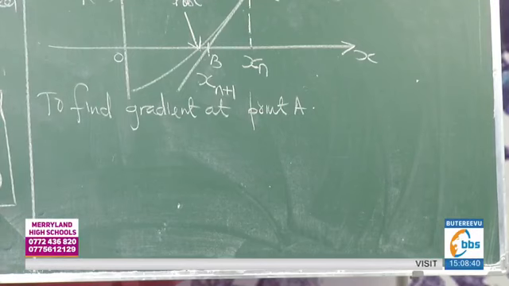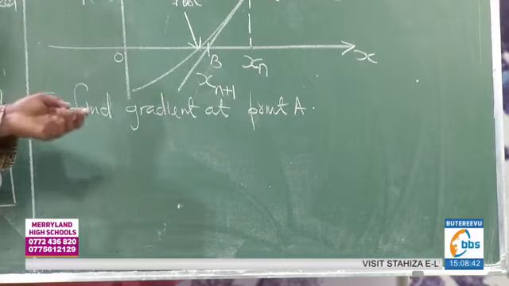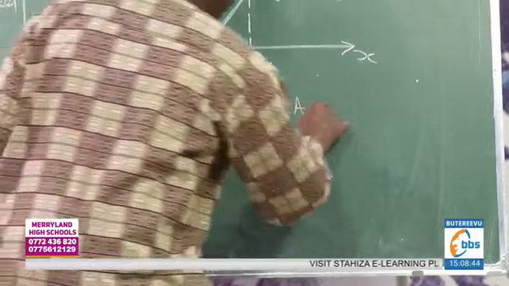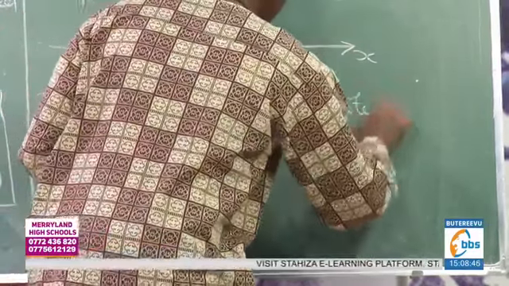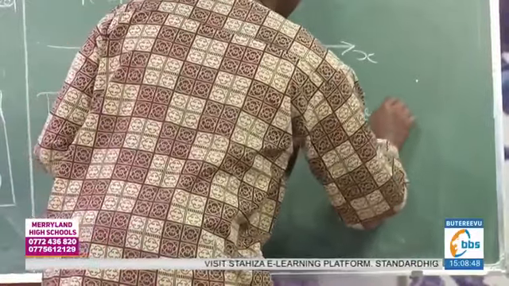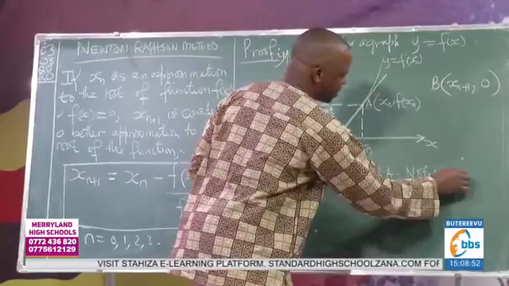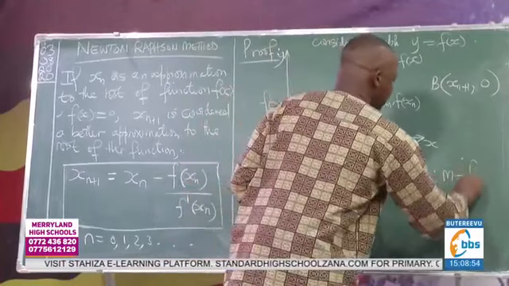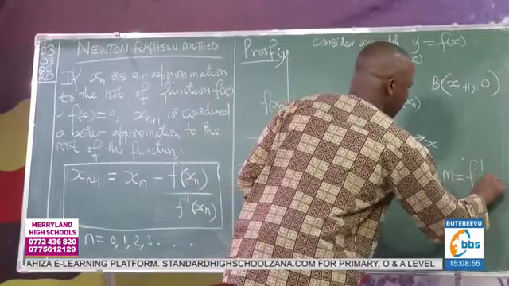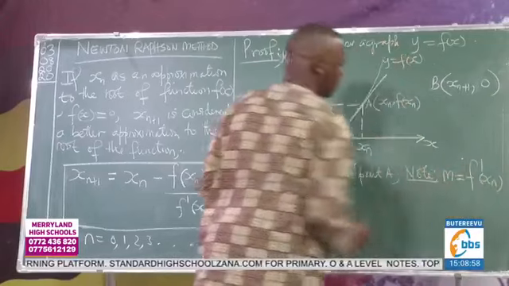Change in y over change in x. And note that gradient, if I may call it m, as most of you should be aware that m is a symbol for gradient, in this case will be the first derivative of that function.